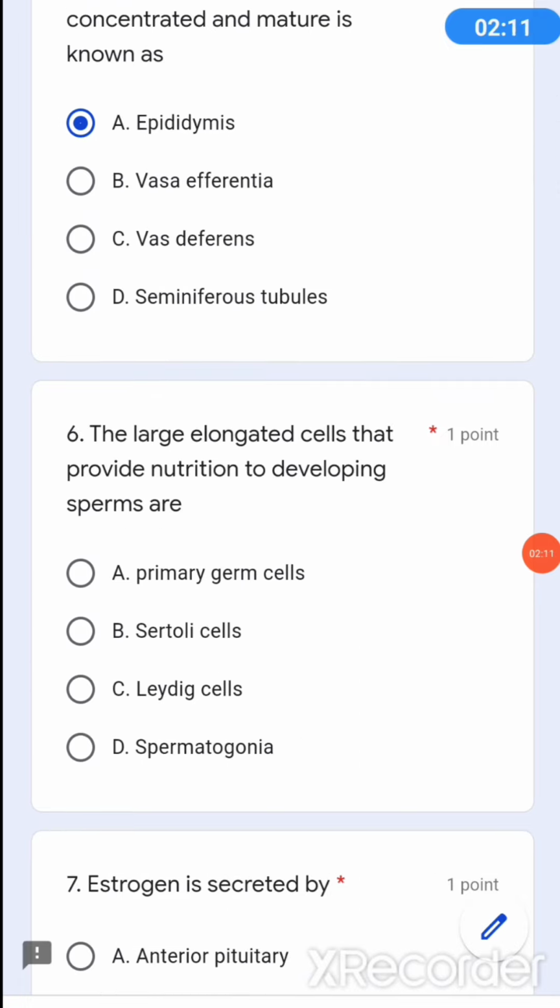Large elongated cells that provide nutrition to developing sperms are Sertoli cells.